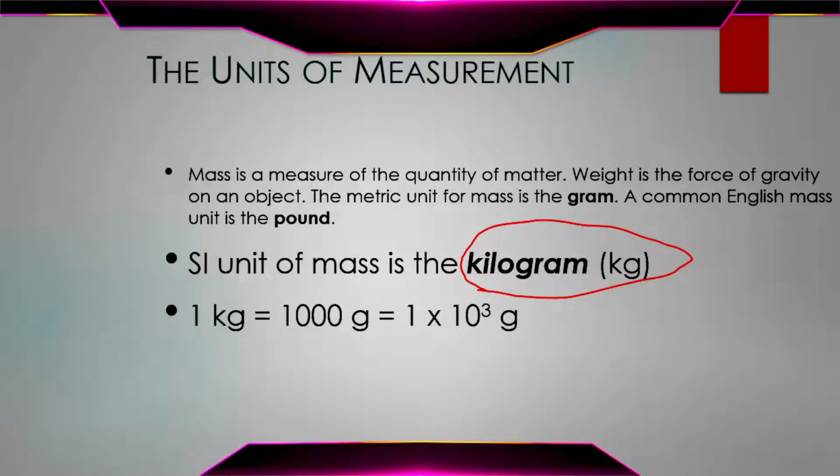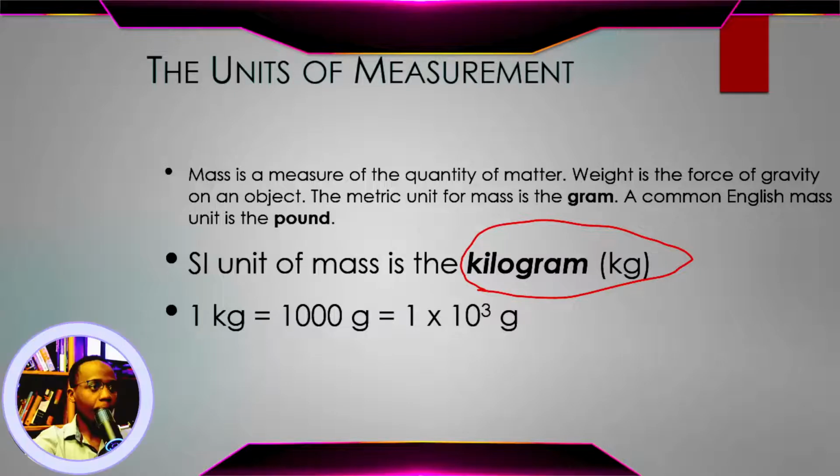Those are the four symbols that I want you to know and how they relate to each other: kilograms, grams, milligrams, and micrograms. Those are the ones that I will need you to remember and know how to use. So that's the mass.